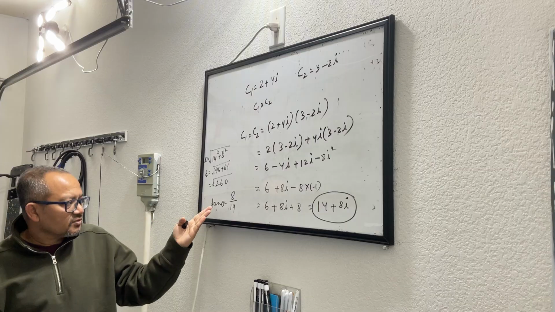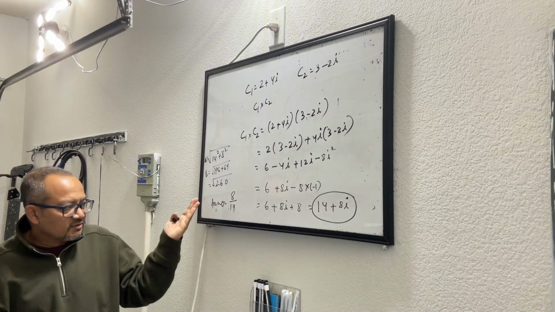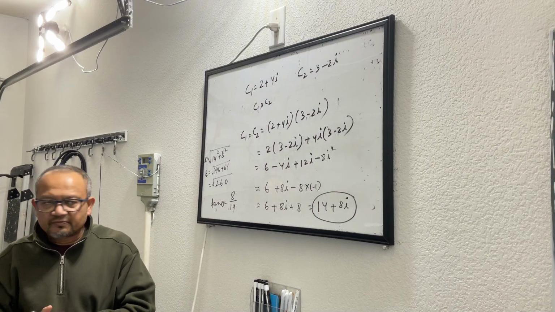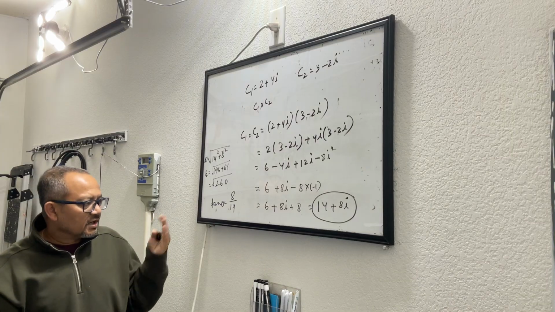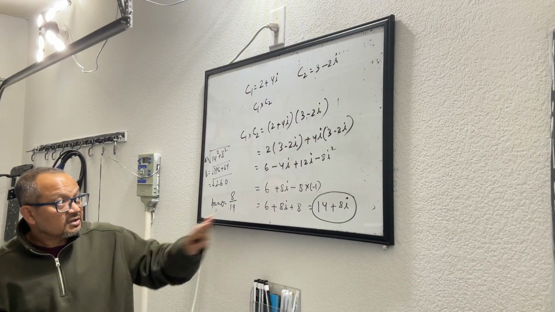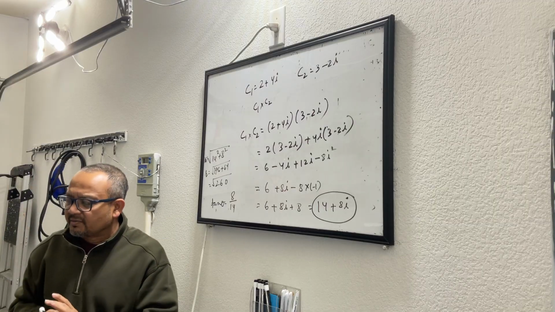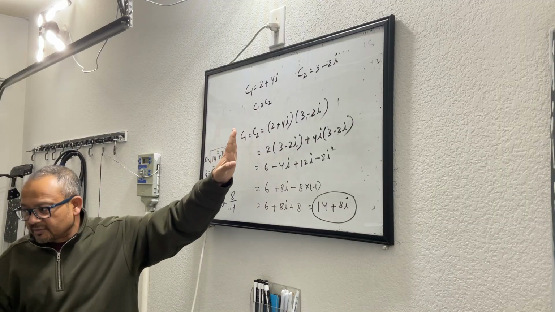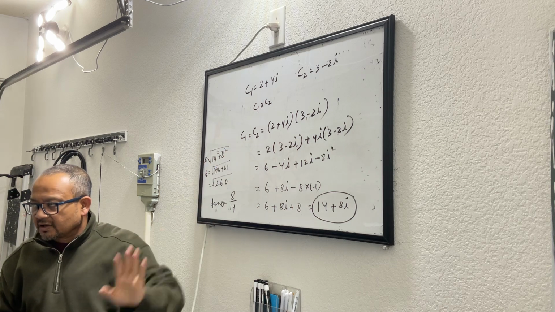Then you will do the inverse: theta equals arc tan of 8 over 14, and you will find it out. So this is a very rudimentary method of multiplying complex numbers in the rectangular form.